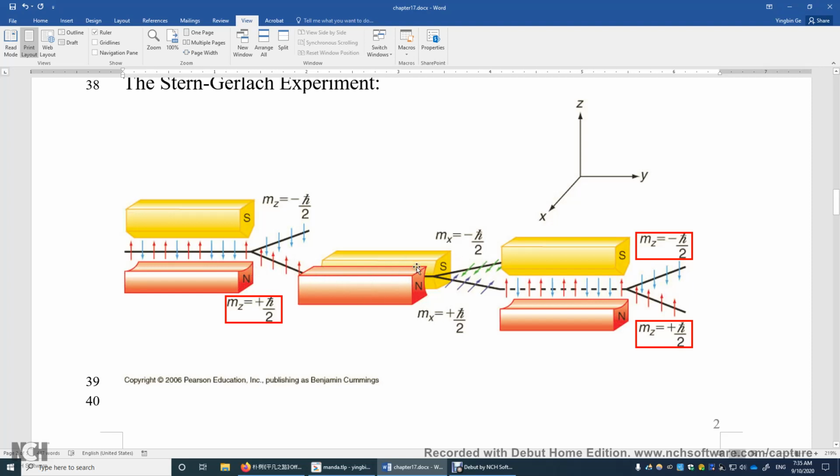When you do that, this is very important. You are applying the x component of the angular momentum operator to these electrons. You are collapsing the wave functions of these electrons and forcing them to adopt an eigenfunction of the x component of the angular momentum operator. It can be positive half, it can be negative half. That's why. And now these electrons are all eigenfunctions of the x component of the angular momentum operator.